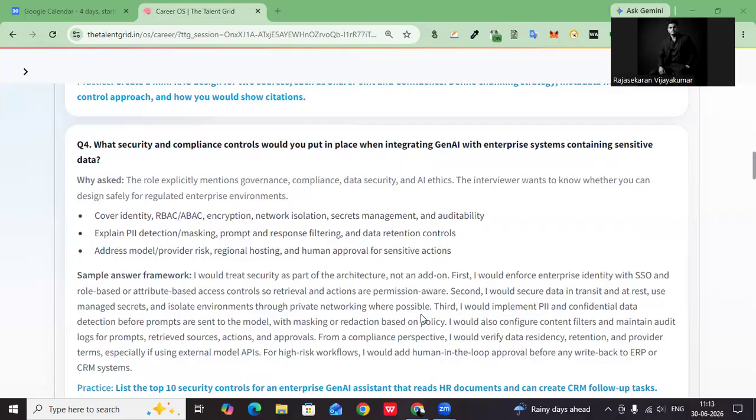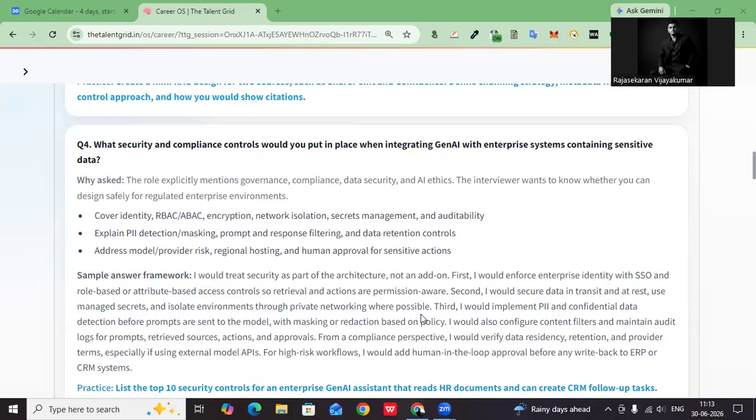When it comes to data security, I will be implementing encryption at rest and in transit, and making sure data leakage does not happen. Then PII masking and the redaction policy.